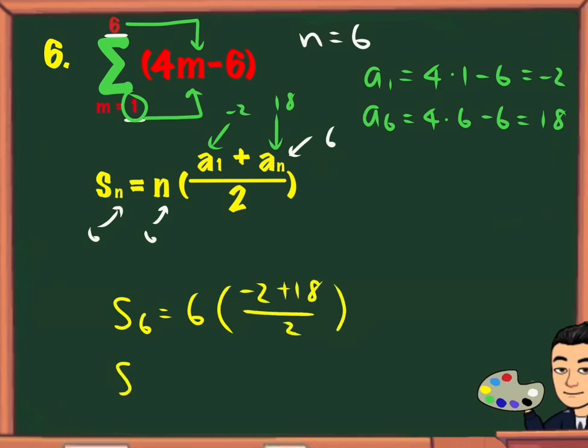We can simplify the 2 and 6, so that makes it 3 and 1. Negative 2 plus 18 is 16. So 16 times 3 equals 48.